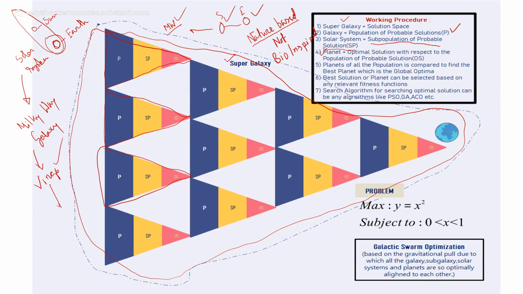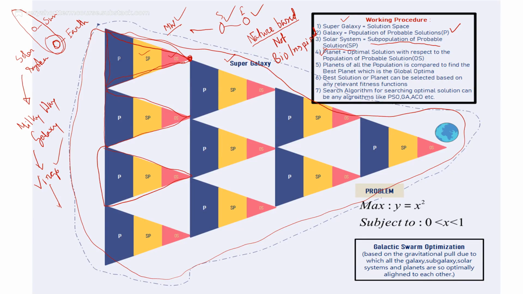Okay. Now what happens is, we can identify the planets of all the subpopulations, from which, say, this is our most optimal solution for this population or subpopulation.